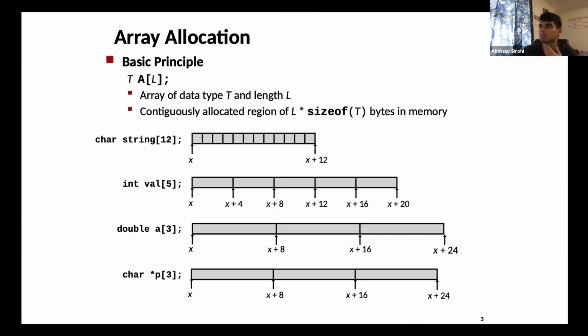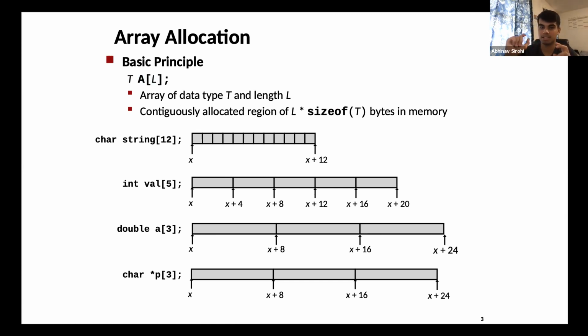This is the basic principle here. When we want to create an array, the array is of type T, let's say we call that array A, and we designate its length to be L. When we declare an array like this, C allocates a contiguous region of memory for us.